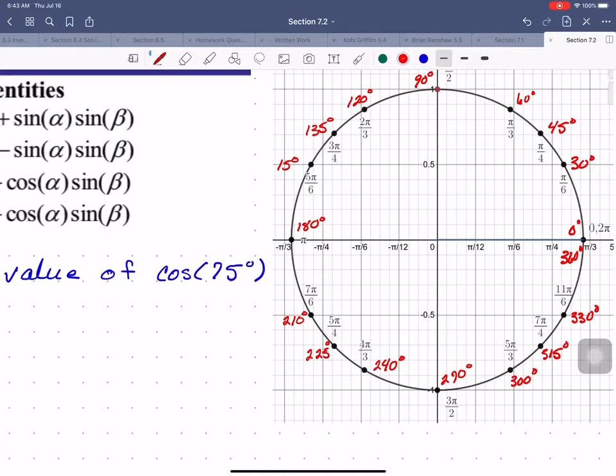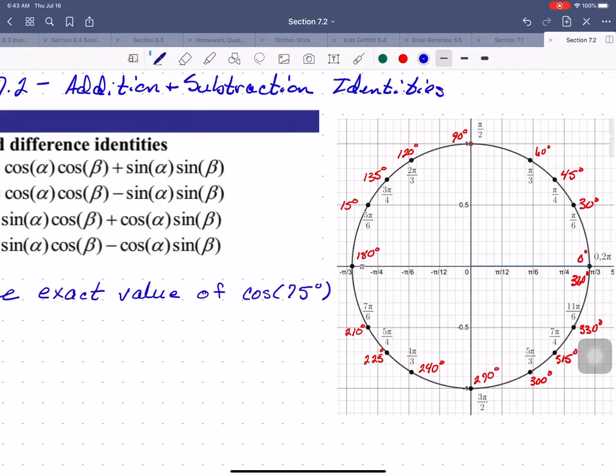Okay, so now what we want to do is think about the combination of two of these known angles that could get us to 75 degrees.